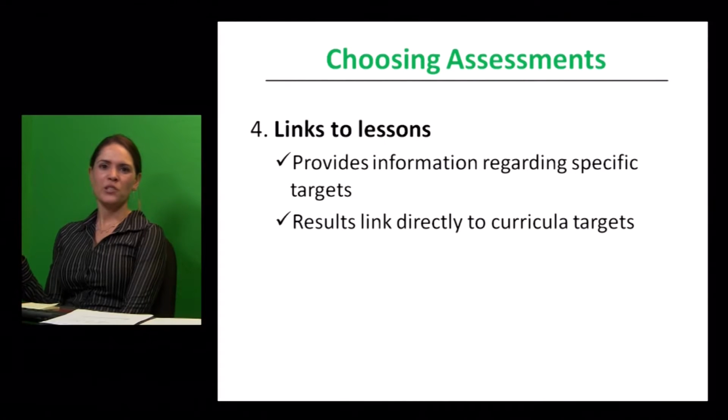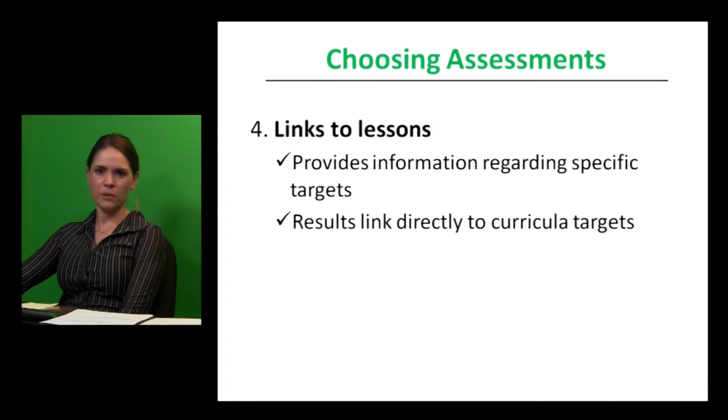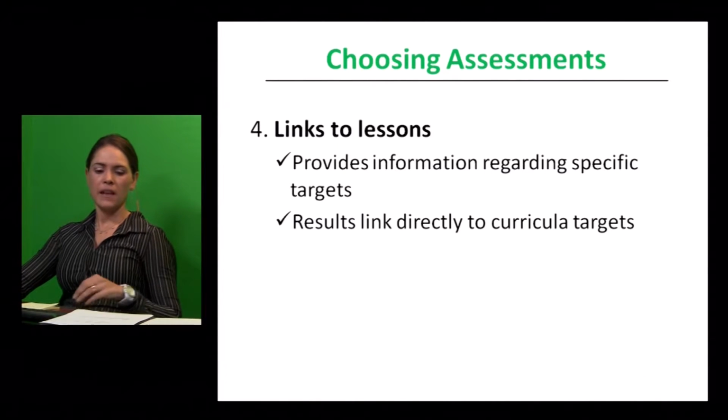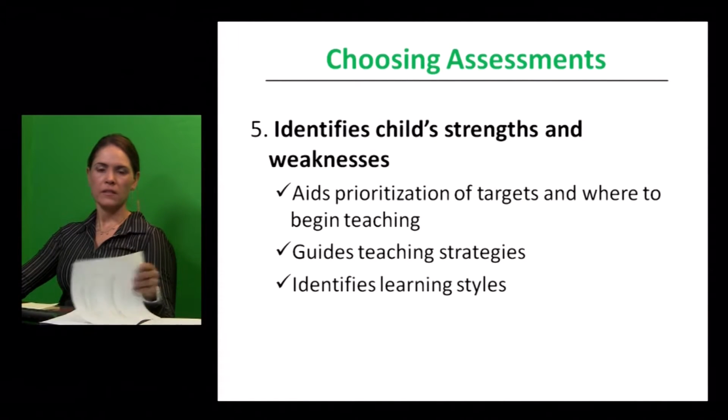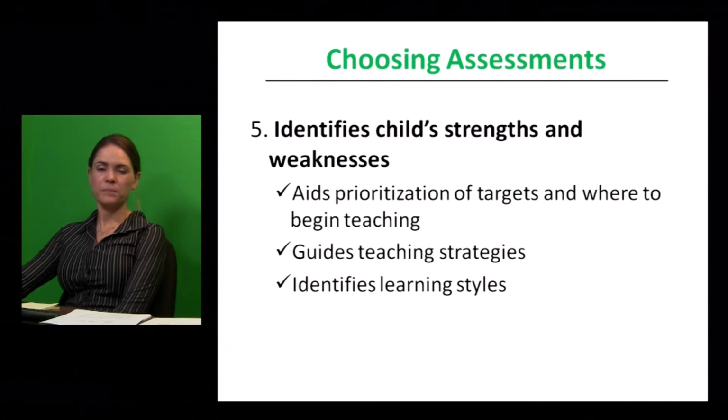However, we don't know what to do with that information. Frankly, we have to then figure out what lessons the child would need to take care of this problem. So an assessment that would link directly to lessons would be amazing. And that's something that is now becoming more and more available.